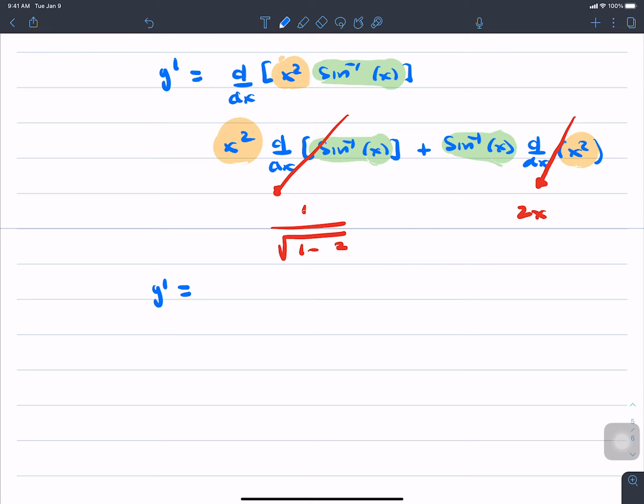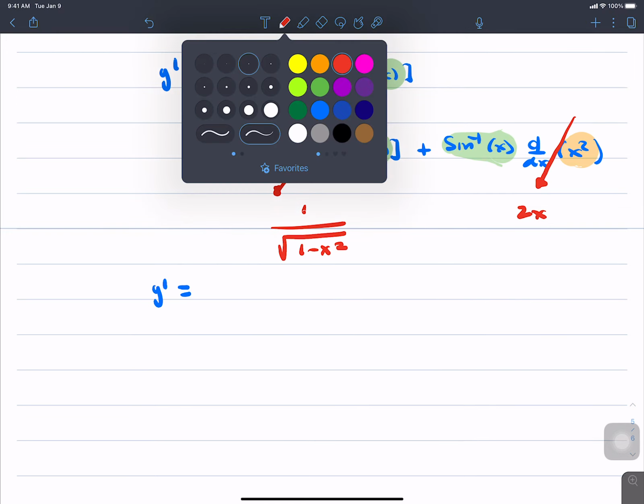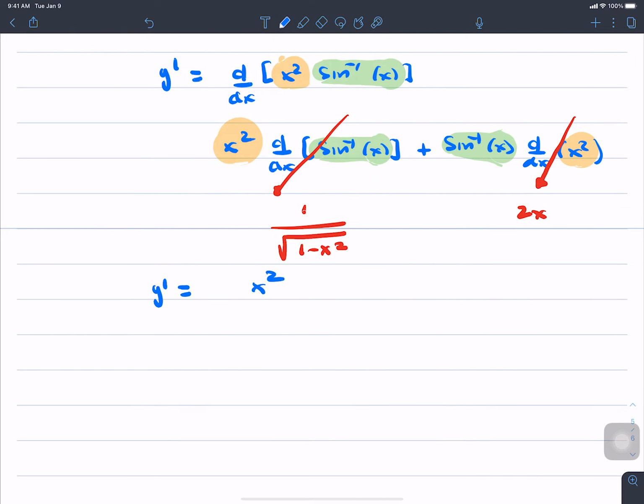We don't have to because there is no inside function there. So we have x squared over square root 1 minus x squared plus 2x inverse sine x.